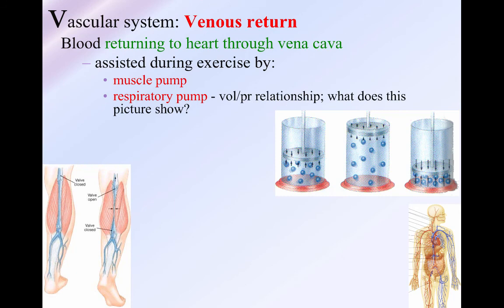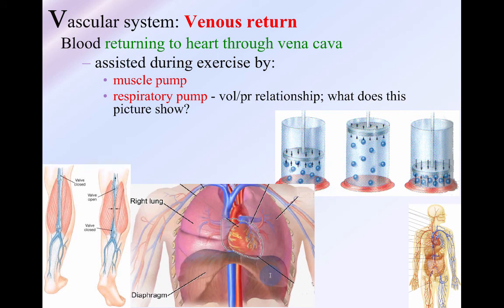Something else that helps is the respiratory pump. And you need to remember the volume-pressure relationship. And again, you remember that in the volume-pressure relationship, as the volume of something increases without changing the amount of fluid that's in there, the pressure will decrease. On the other hand, as the volume decreases without changing the amount of fluid in there, the pressure will increase. And that's what's happening every time you inhale and exhale.